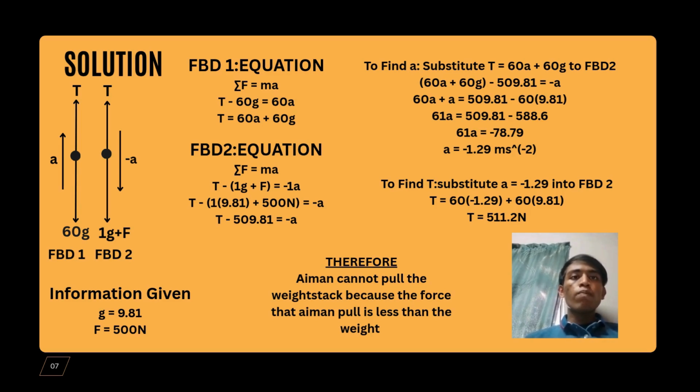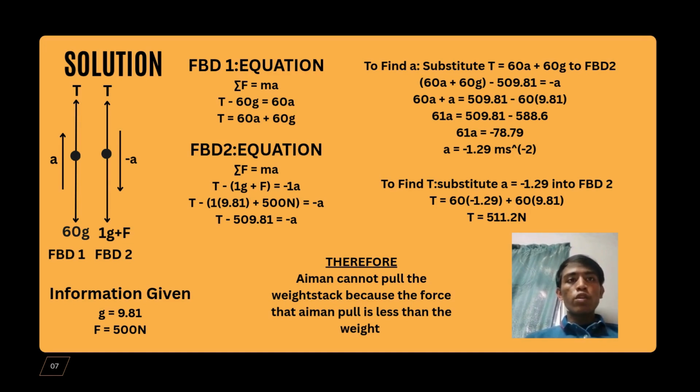After obtaining both equations, rearrange the equation from FBD1 to make T the subject. Then, substitute this expression for T into the equation from FBD2. Solving the resulting equation gives the value of the acceleration. Finally, substitute the calculated value of A into either of the two equations to determine the tension in the cable.